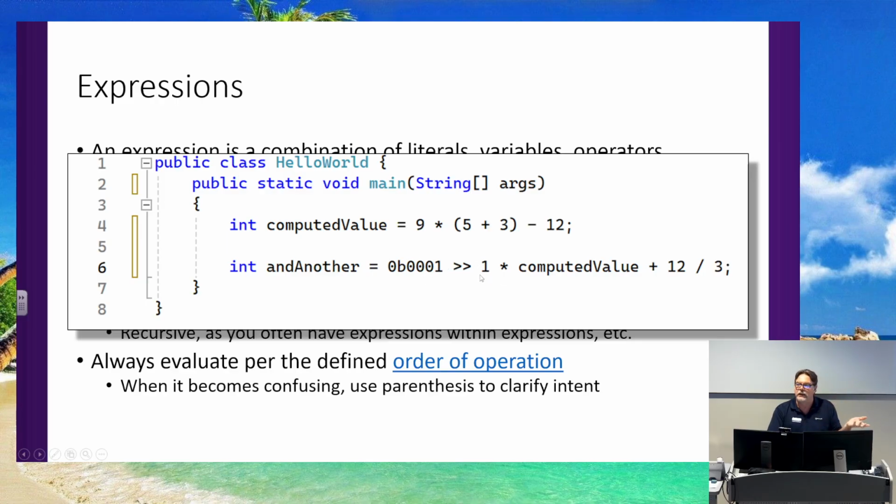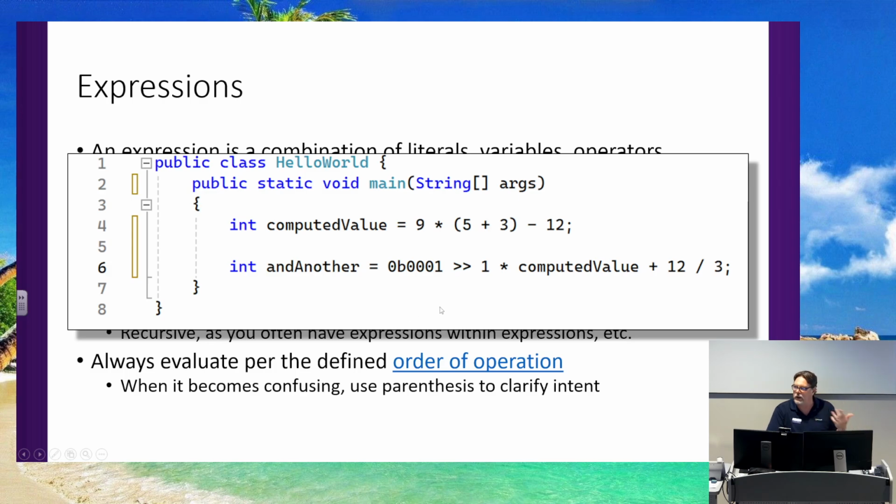So I basically get 0 times computed value, which we said was 60, but it's irrelevant now because we're going to get 0 because we're multiplying 60 times 0, plus, then we do the 12 divided by 3 before we do the addition, so that comes out to be 4. And so another gets set to the value of 4.